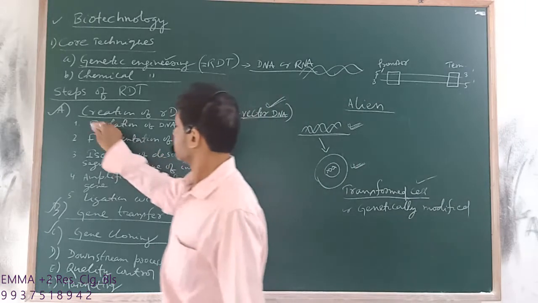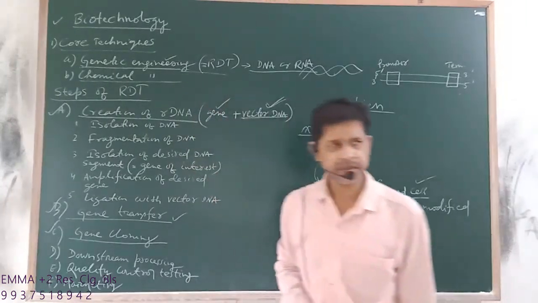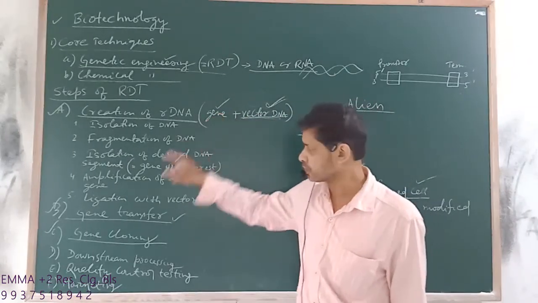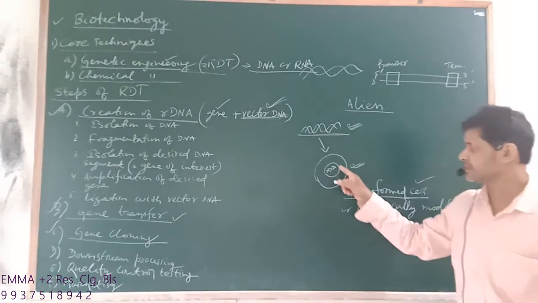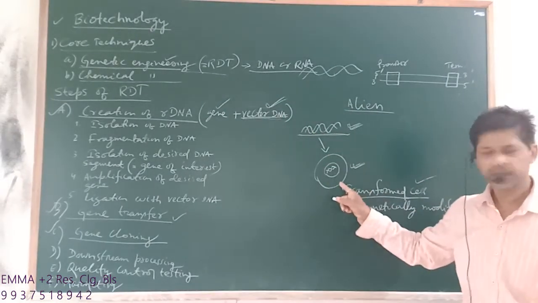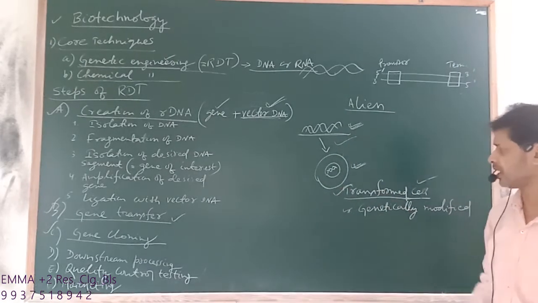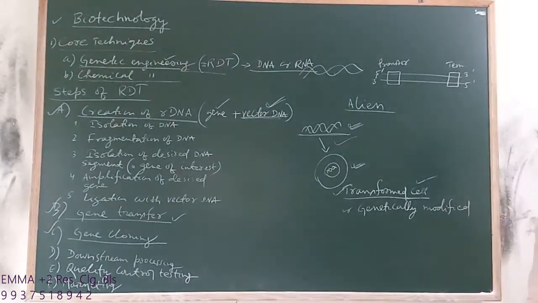Now, creation or construction of recombinant DNA, that recombinant DNA contains the gene. So gene transfer. Gene can be transferred into a cell. The process is transformation. The cell produced is a transformed cell or genetically modified cell or genetically engineered cell.